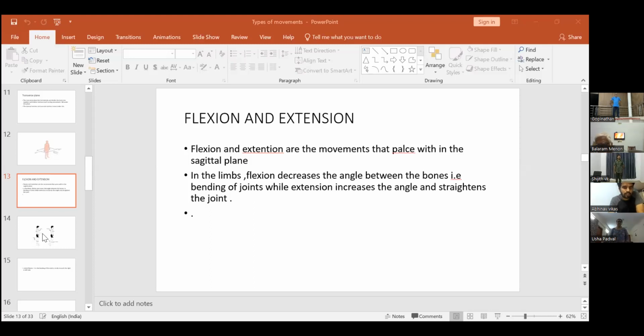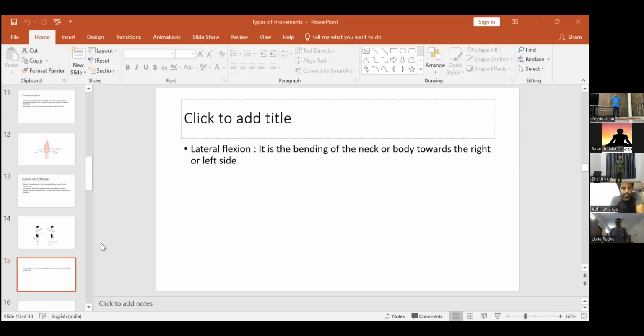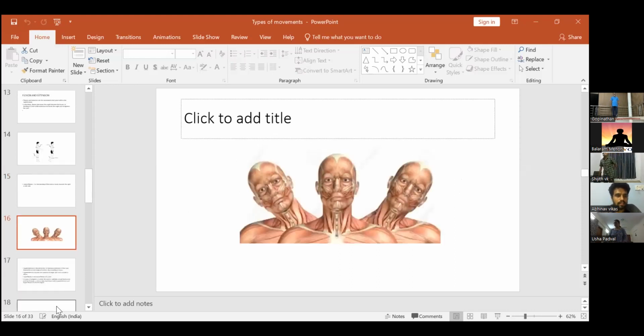This is very important. Look here. This is lateral flexion. What is lateral flexion? If somebody is asking you something and I tell you, now do this, this is lateral flexion. You are reducing the angle here. On this side it becomes flexion, the other side will be extension.